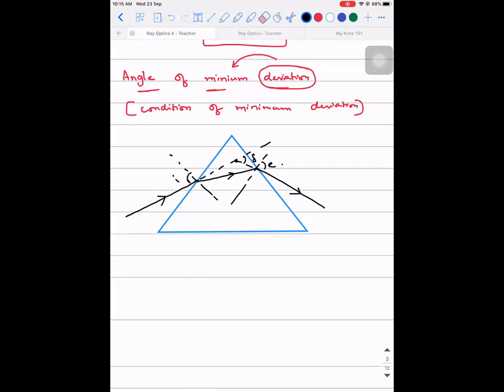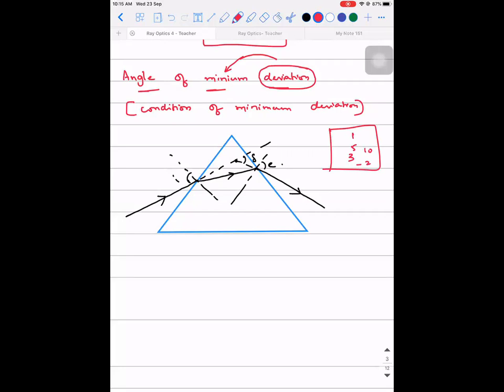Now the question is, what do we mean by the angle of minimum deviation? So what exactly is coming to your mind? When I need to call something a minimum value, I need to have a different set of data in my hand, right? For example, I give you numbers like this: 1, 5, 3, -2, 10. I ask you what is the minimum value in this set.